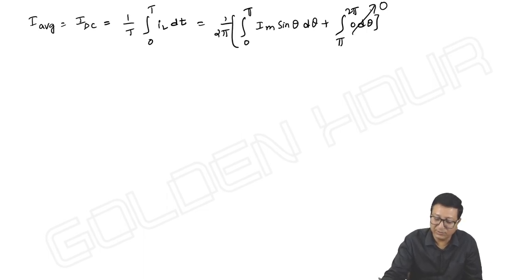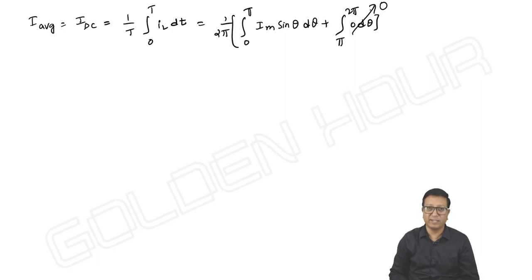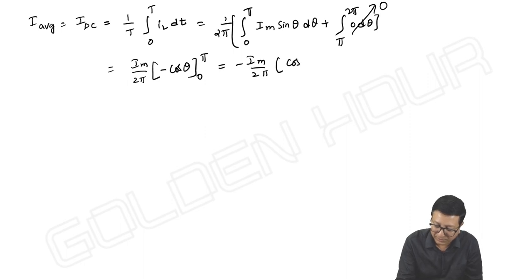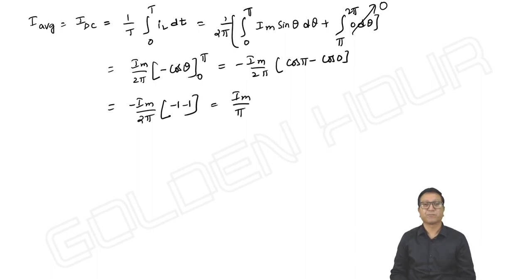I have done this calculation earlier also, I am just repeating it. It is Im by 2 pi integral of sin theta, which is minus cos theta, over the limits 0 to pi. Again minus Im by 2 pi into cos pi minus cos 0. Cos pi is minus 1, again minus 1. The final result is Im by pi.